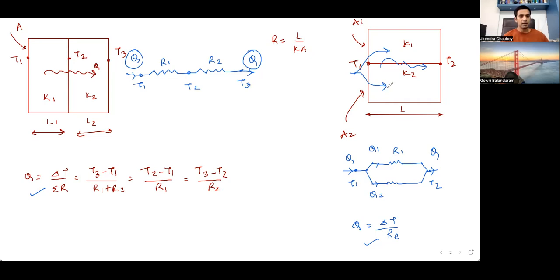So you can say over here the formula can be written as, again, delta T would be T1 minus T2.